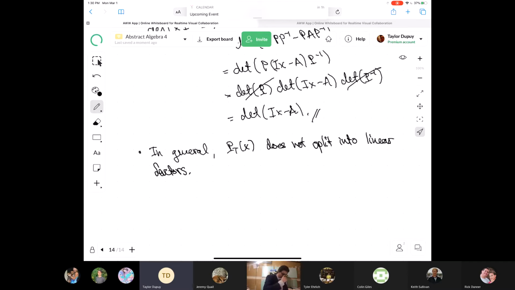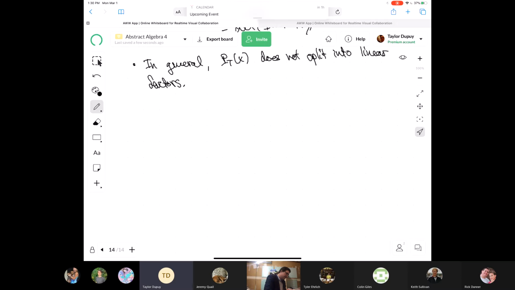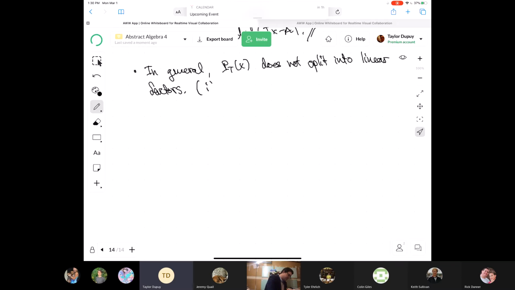For example, if you have rational coefficients, the field may not contain all the eigenvalues that lie in the algebraic closure of the field. Unlike in your ODE class, it's not always going to factor over the complex numbers. If F is algebraically closed, then it will.